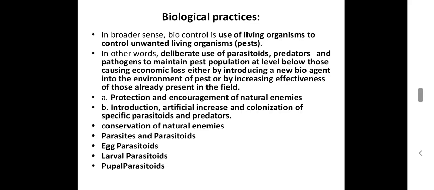Next one, biological practices. What is biological practice or biocontrol? It is the use of living organisms to control the unwanted living organism, that is the pest. That means using parasitoids, predators and pathogens to maintain the pest population below economic loss.